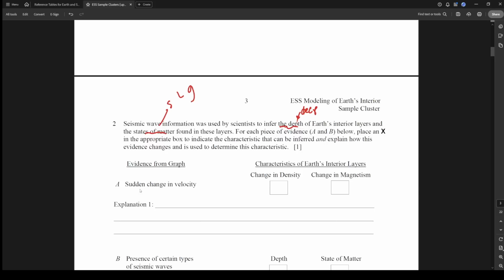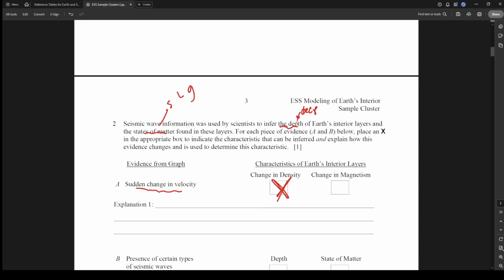Okay, so it's saying if there's a sudden change in velocity, what could that mean? Is there a change in density of the material or a change in magnetism? So the sudden change of velocity, as we said, has to do with the wave going from a solid to a liquid to a gas. So the difference between a solid, liquid, and a gas is the density. So this is going to be this.